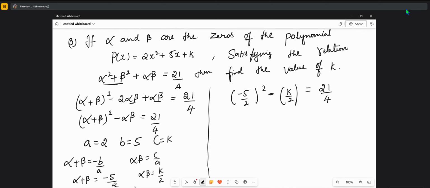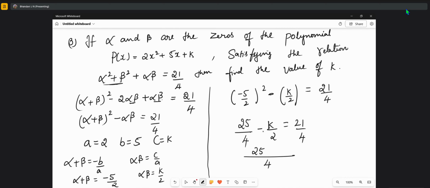Minus 5 by 2 into minus 5 by 2 is what? 25 by 4. Yeah, plus only we will get, correct. Minus k by 2. So this is equal to 21 by 4. Now take the LCM. LCM of 4 and 2 will be 4. So 4 by 4 is 1, 1 into 25 will be 25.